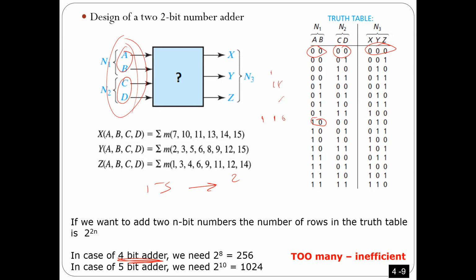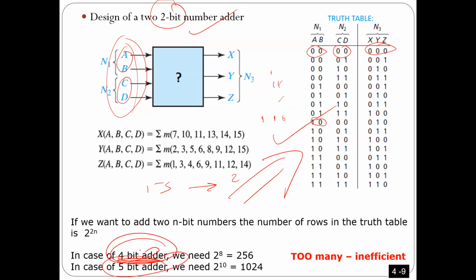So if I add 8 bits to 8 bits, now I have 16 inputs. You got what I'm saying? If you want to do it this way, that's okay. For a 2 bit number it may be okay, but I'm talking about if you have 4 bits or 5 bits or more than that, the truth table is going to be too big, and we need to find a smarter way to do it.